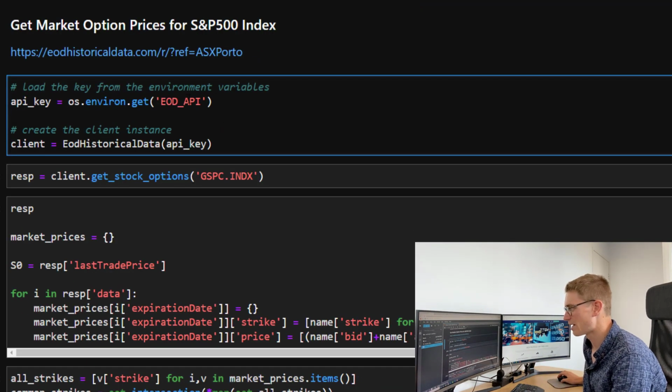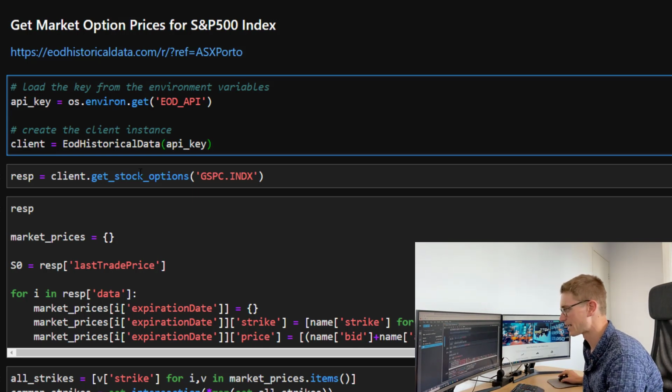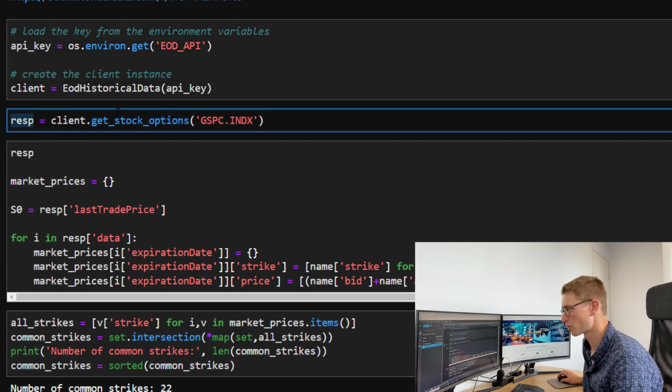So here I've got my API key, and I've stored it in the environment variables, and then I associate my end of day historical data module with the API key. So just initializing that class, and then here I'm getting a response, which is a function called getStockOptions. And I'm just going to get the S&P500 index option prices.